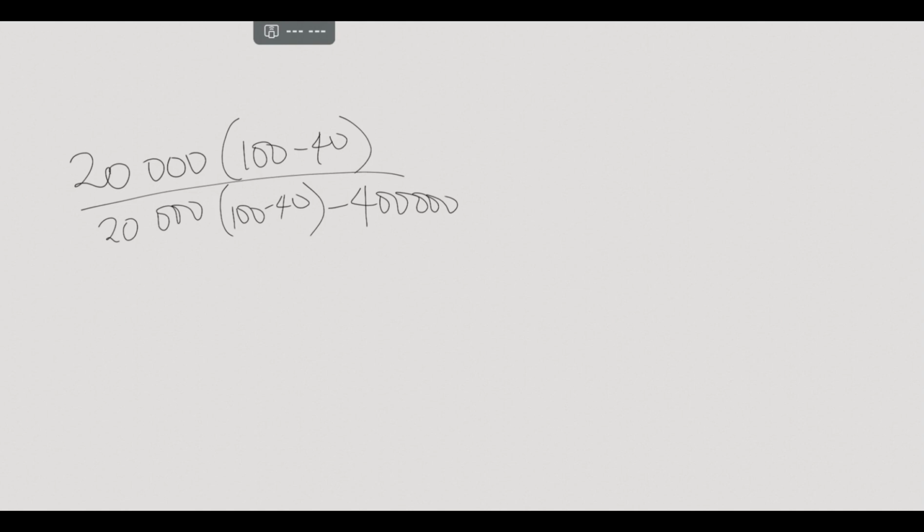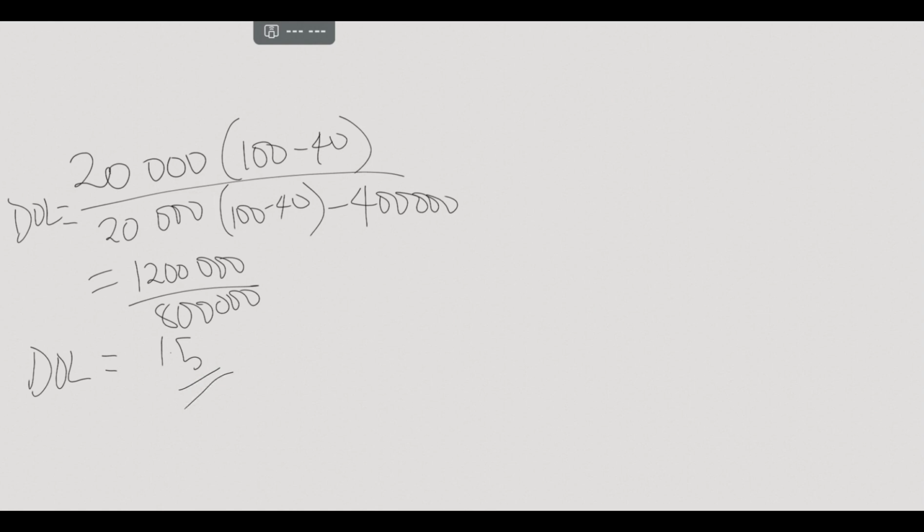Quite easy, yeah? So doing all the multiplications, we have 1,200,000 divided by 800,000, which equals 1.5. So the degree of operating leverage is 1.5.